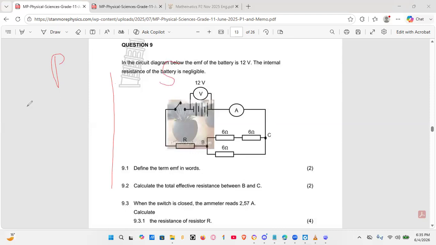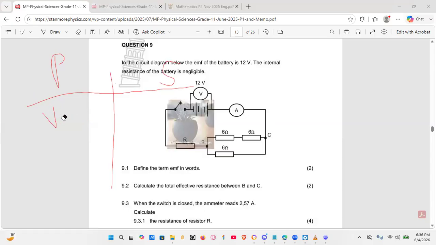What happens to the voltage and the current? In parallel the voltages are all the same, and in series you plus them up to get the total.